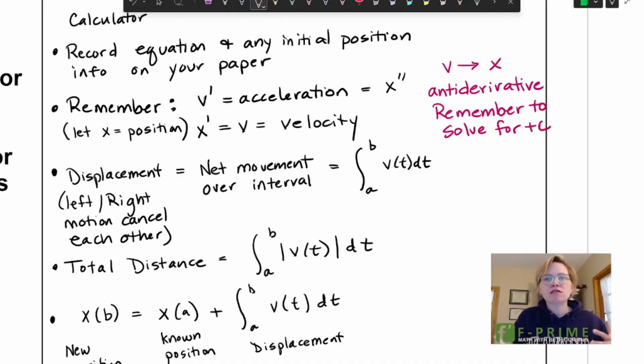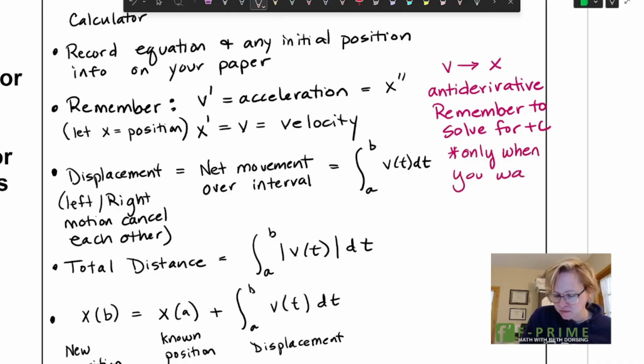So if ever you're asked to find an equation or an expression for the position, that's when you do the antiderivative. You have plus c, and you're going to use that initial position to solve for that c value. But this is only when you want an equation for position.